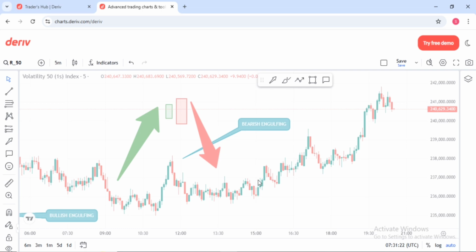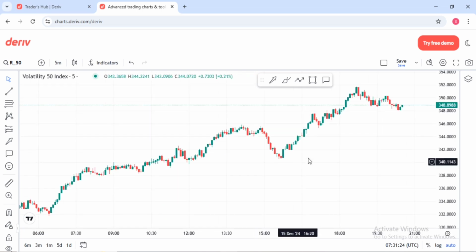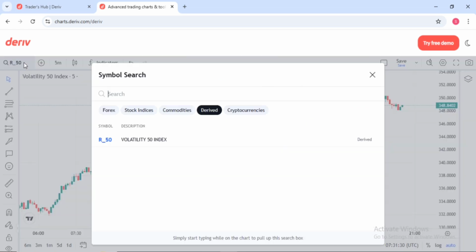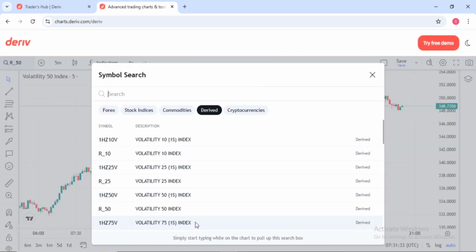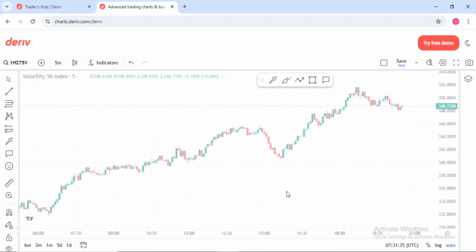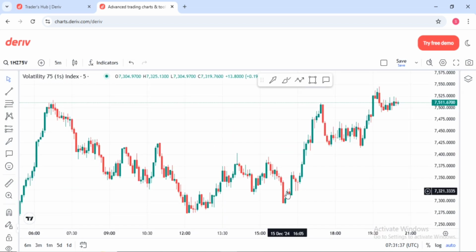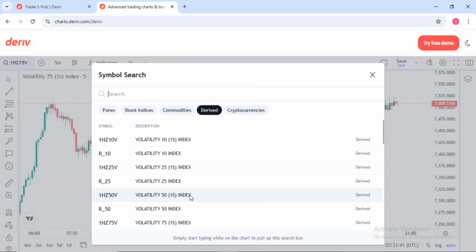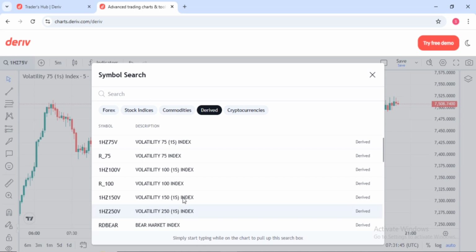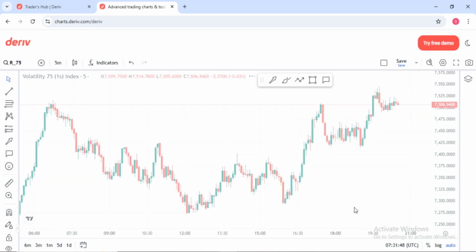By the way, bullish and bearish engulfing patterns are common. They are common, and very profitable for that matter. So 25 1S. Then 75.